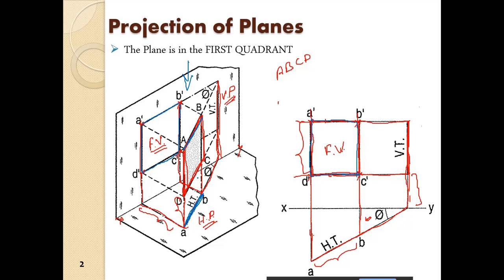So that is the horizontal trace. If ABCD is extended downward to intersect the horizontal plane, it will intersect along this line. So that is the trace, and that is also the top view. So here we have the top view.